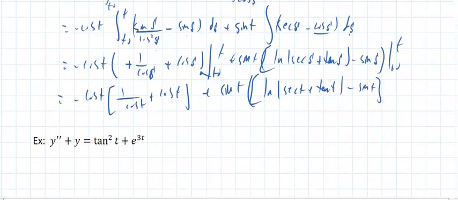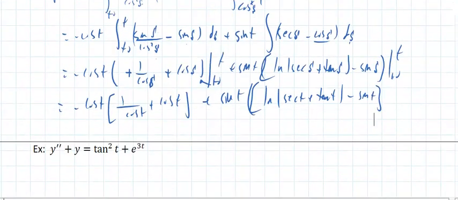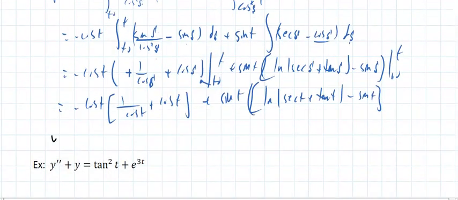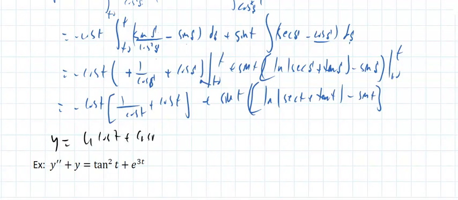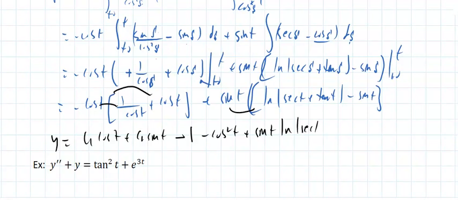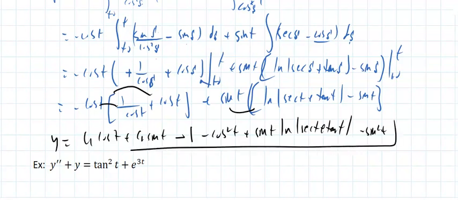So altogether, we're looking at y equal c sub 1 the cosine of t plus c sub 2 the sine of t, which is the complementary part, minus, that's going to give you a 1. That's going to give you a cosine squared of t. That's going to be plus the sine of t times natural log of secant of t plus tan of t minus sine squared of t.